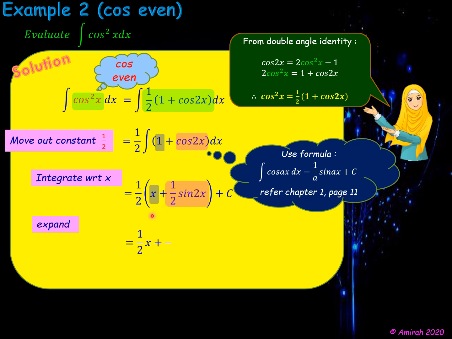And then we expand, and you can see that the final answer is similar to example 1, but in between is a plus sign, because we get it from the double angle identity formula, which is cos squared x equals half times 1 plus cos 2x. So this one is a plus sign, and that's why it will follow the plus sign until the end of the answer. Okay, you got it?